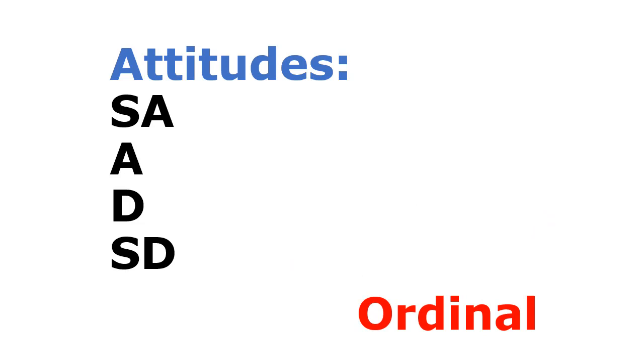Although I will tell you that it is very common for researchers to translate attitude values into numbers and to treat and analyze those numbers as if they were interval. And that can be problematic, and it does affect what kinds of statistical tests they might run on it. But there are different schools of thought as to what is most appropriate.